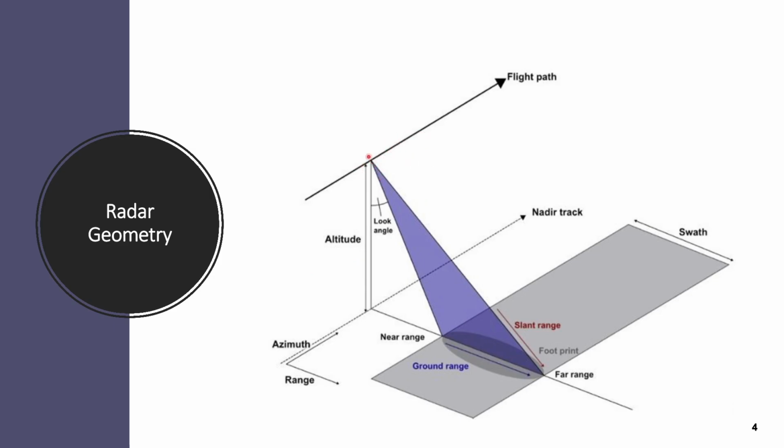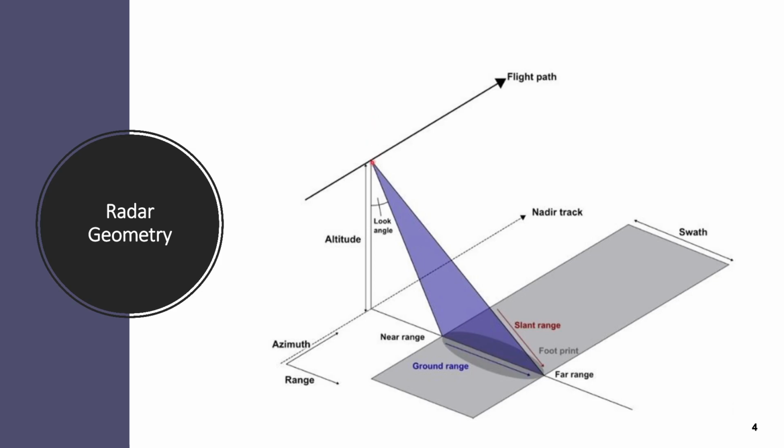So in radar geometry, let's assume here is the aircraft or the satellite, and you have the sensor, and it is basically a side-looking sensor.